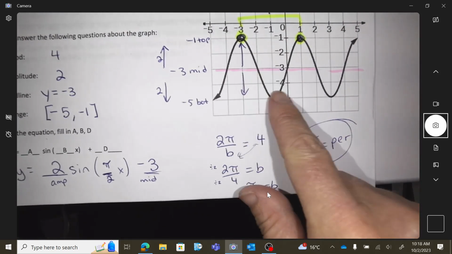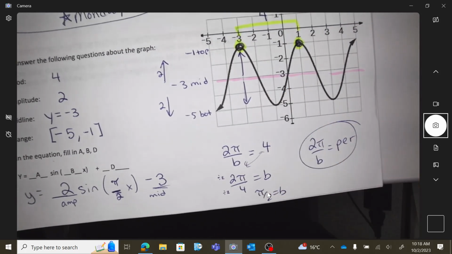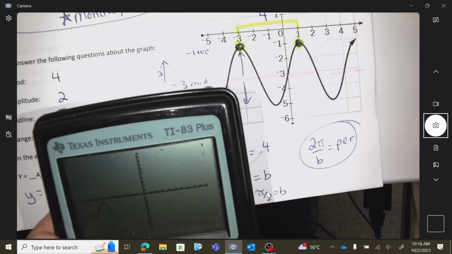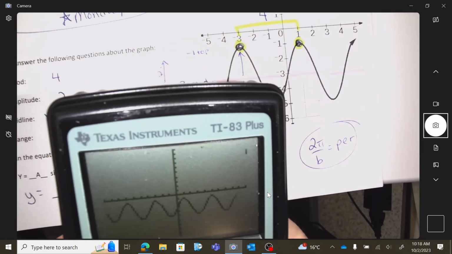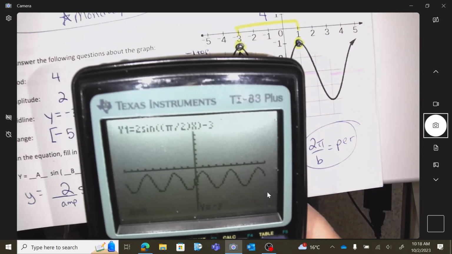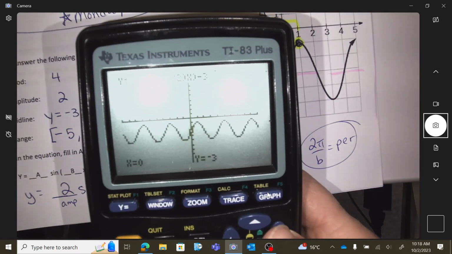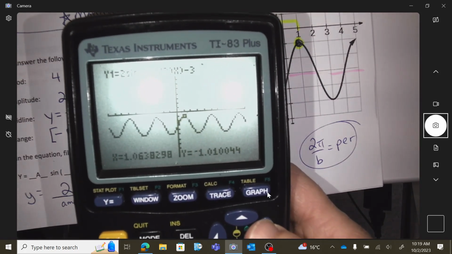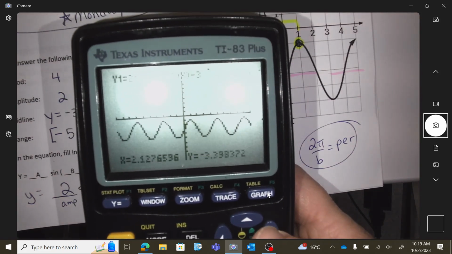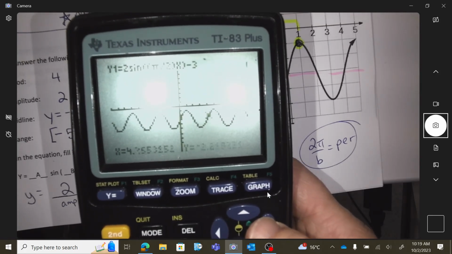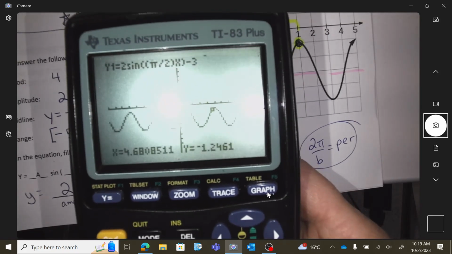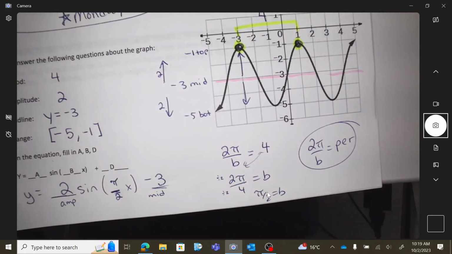If I want to match this, should we just do zoom 6 and it's just a 10 by 10? Is that okay? Zoom 6. And do we look the same? 0, -3. And then I went up to -1. I went down to -5. Yep. Look at that. So we did it. We found the equation that would match.